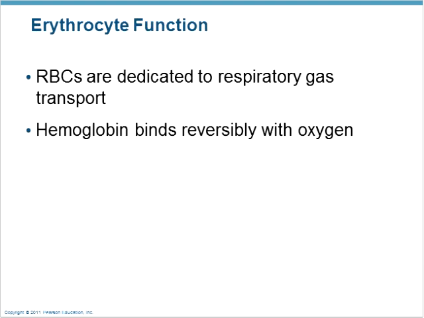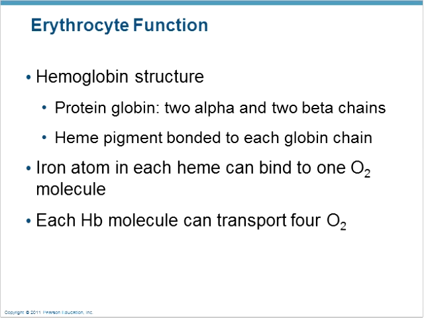Clearly, red blood cells, RBCs, are dedicated to respiratory gas transport. Hemoglobin binds reversibly with oxygen and CO2, helping to transport them. When we talk about erythrocyte function, we have to talk about hemoglobin structure, which is made up of the protein globin, which is 2 alpha and 2 beta chains, and a heme pigment bonded to each globin chain. The iron atom in each heme can bind to one oxygen molecule.